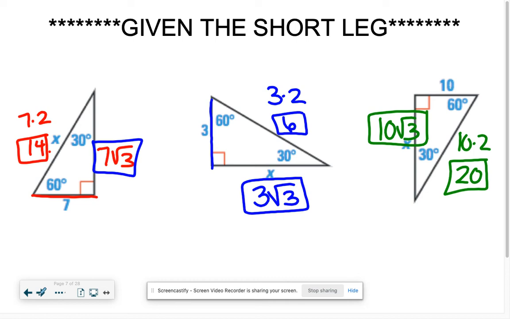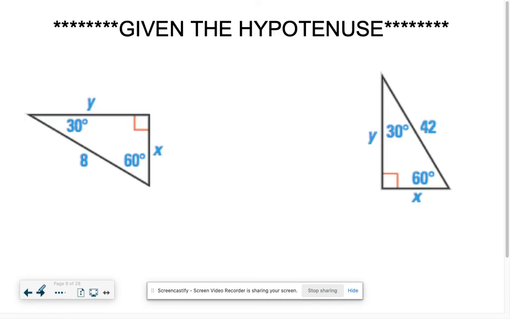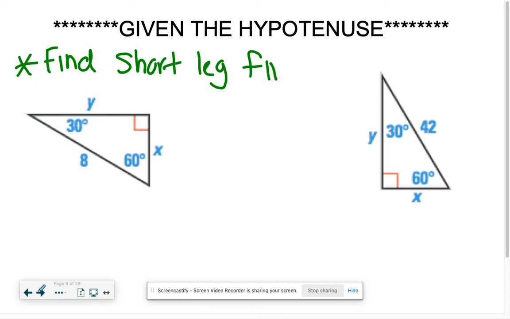All right. Next situation that may happen is you are given the hypotenuse. You must find your short leg first, otherwise you can't do it.